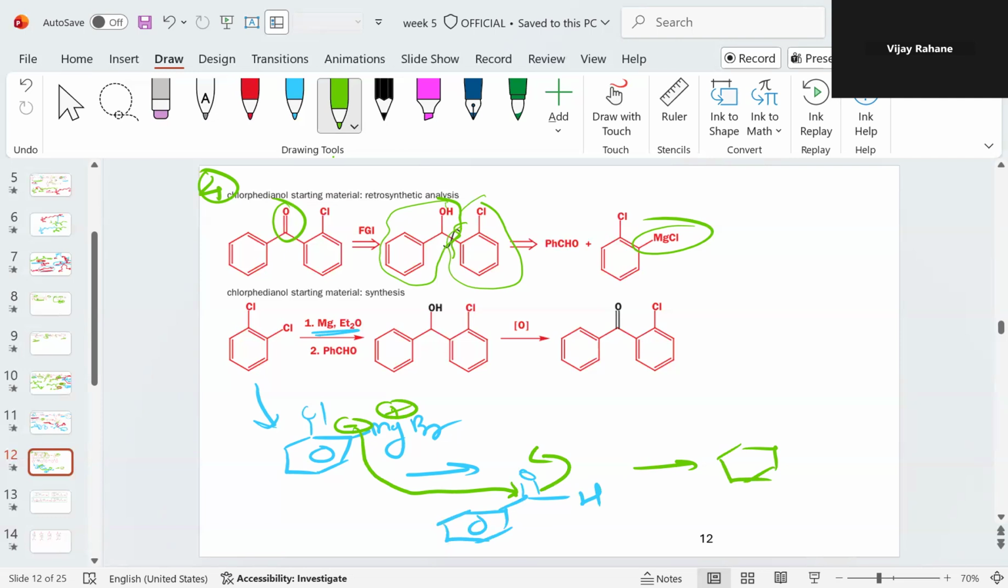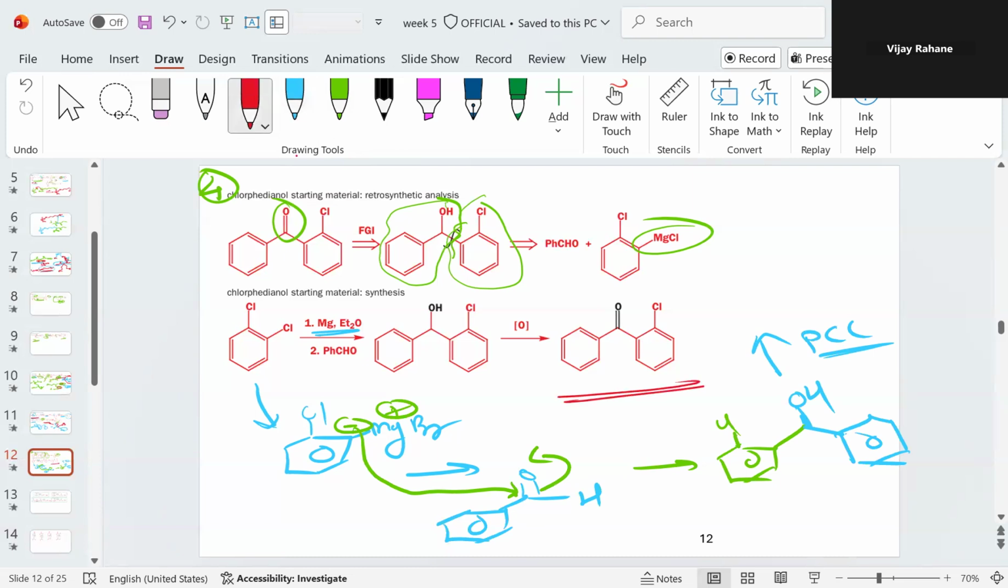This part comes from the chloro part, and this is the aldehyde part, with this OH now. If you do the oxidation just by adding PCC, pyridinium chlorochromate, or PDC, what do we get? We get our target molecule.